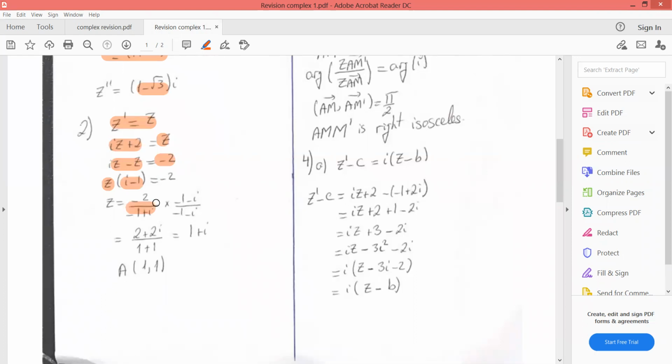We can use the calculator, or rationalize. We get 2 plus 2i over 2. We get 1 plus i, which is a. It will give us a. Do you like to ask? No.